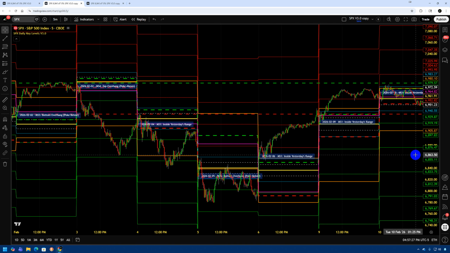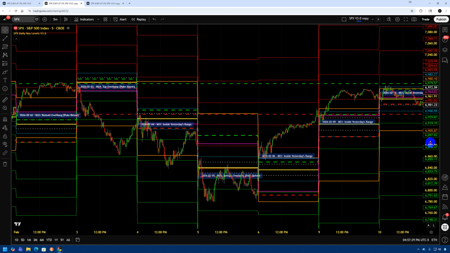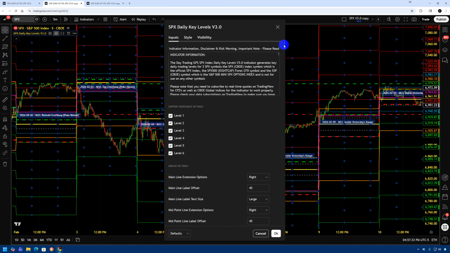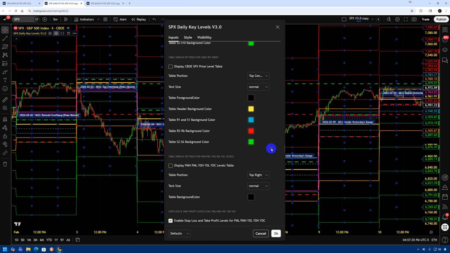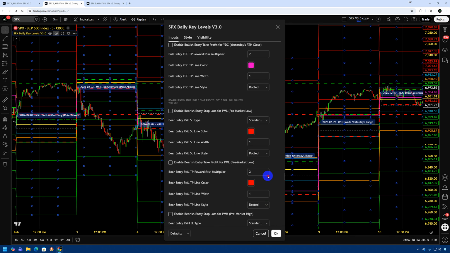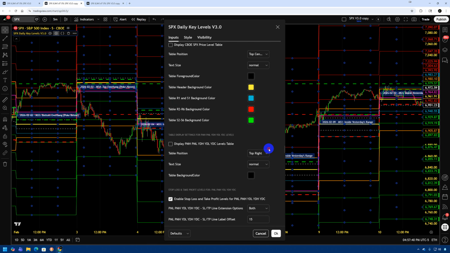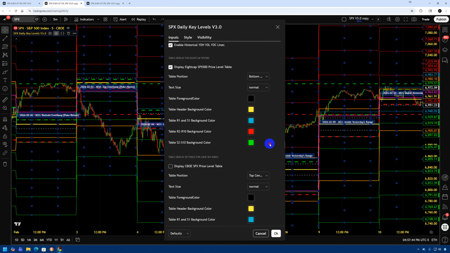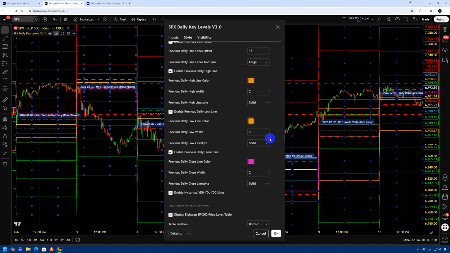Oh, I forgot to show you one thing before we do this. I forgot to change the PML and PMH levels to be right only. The YDH, YDC, YDL levels are all right only by design, so there is no drop-down menu for that.